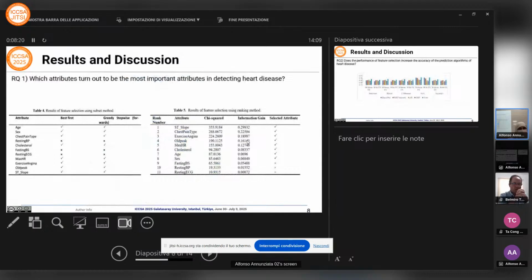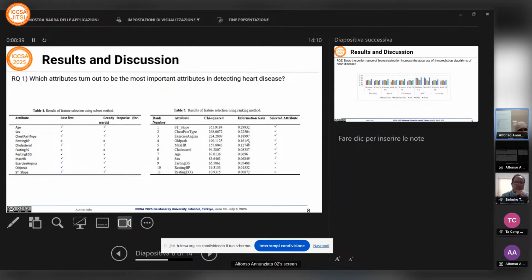The results and the discussions of these, I connect each research question with the result. So the first research question: which attribute turns out to be the most important attribute in detecting heart disease?